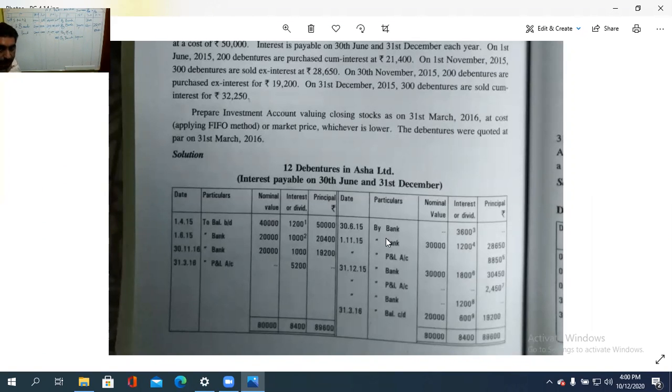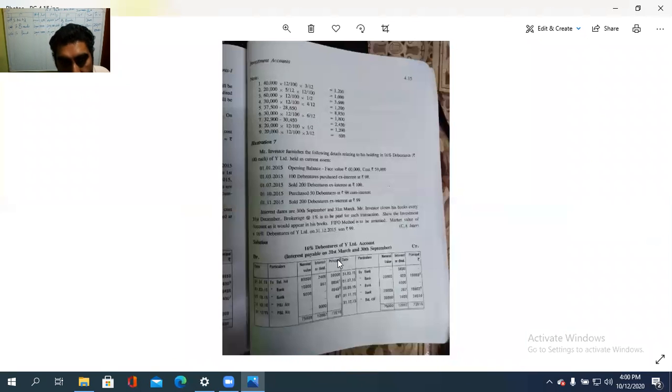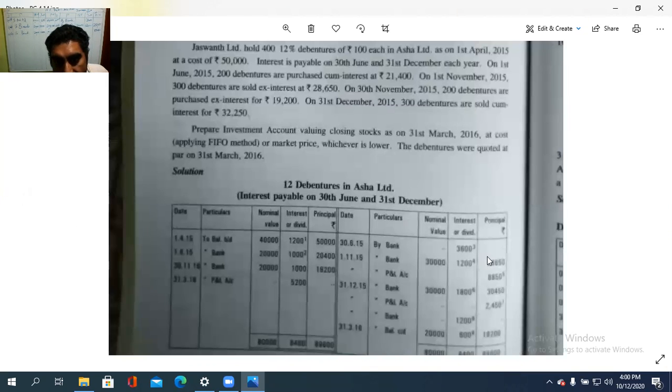That is sold cum interest. Cum interest is to be calculated like 30,000 into 12 by 100 into how many months? This is on 31st December. So I think 3 months it is, 3 by 12. No, 6 by 12. So it is 6 by 12 that needs to be taken.